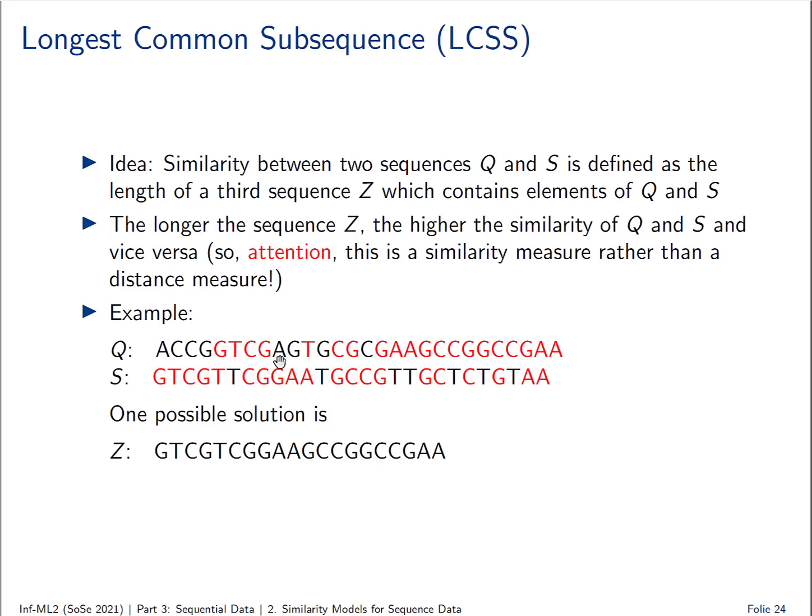I hope you believe me that this is actually the longest common subsequence, the longest sequence which contains elements from Q and S. And there is no longer such a third sequence containing elements of Q and S. Yeah? So that is the idea. We're looking for that common subsequence, a third sequence, which contains elements of Q and S, and we look for the one with the highest length, which is the longest of those third sequences.